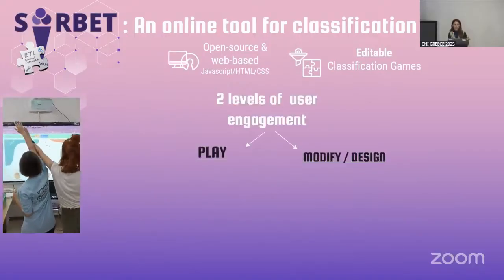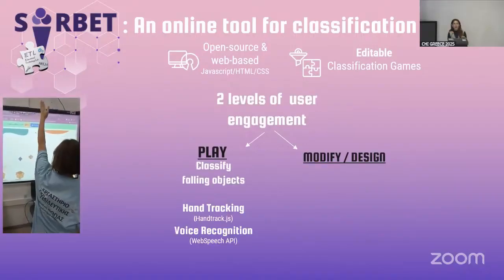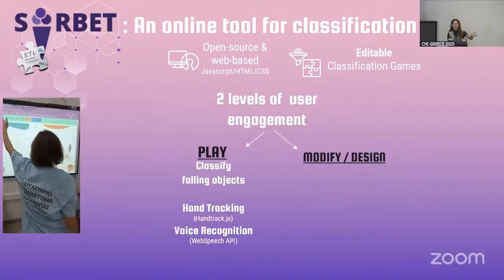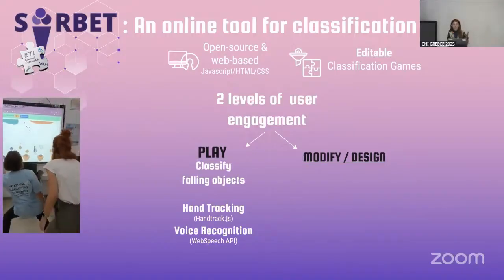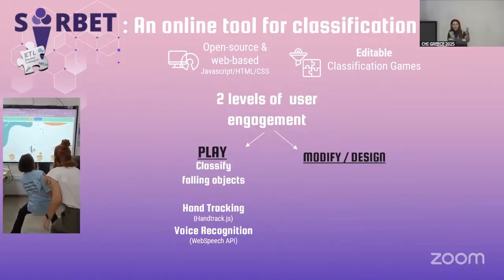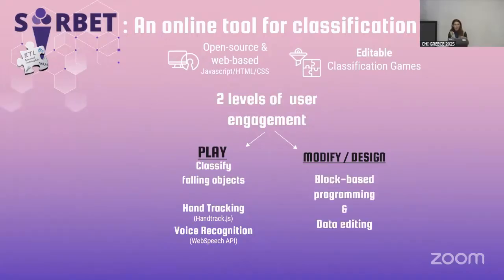So we have two levels of user engagement, the play and the modify and design phase. In the play phase, we classify objects, with an integrated hand tracking system to allow multiple users to play. Currently just two, but we plan on elaborating more. And also voice recognition commands to make it more engaging through gameplay.